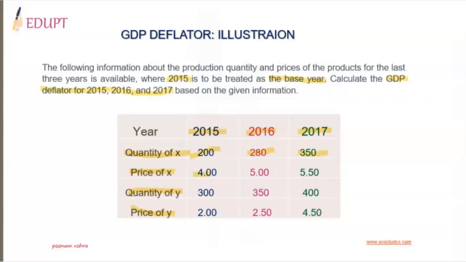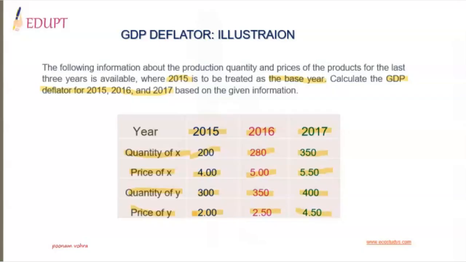Price of X is 4 per unit in 2015, increases to 5 per unit in 2016, further increases to 5.50 per unit in 2017. So far as quantity of Y is concerned, it was 300 in 2015, increased to 350 in 2016 and further 400 in 2017. Price of Y was rupees 2 per unit in 2015, which increased to 2.50 in 2016 and further to 4.50 in 2017.